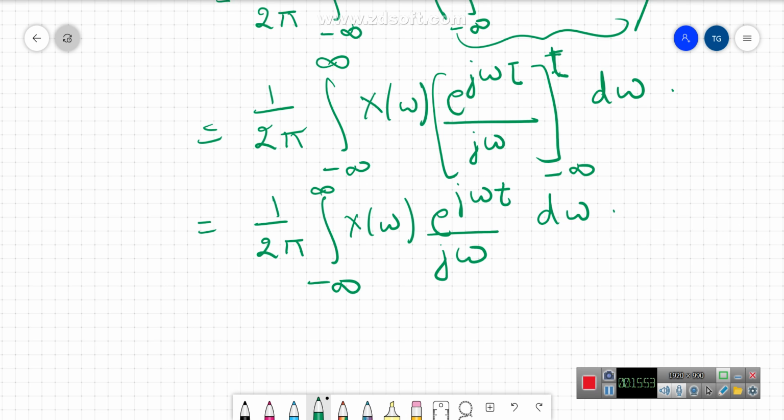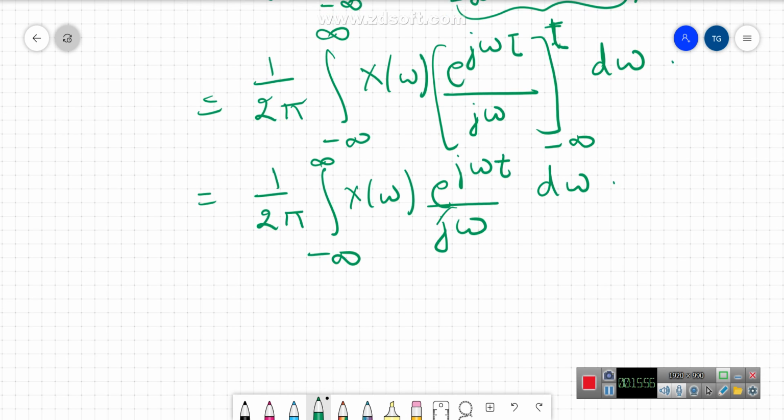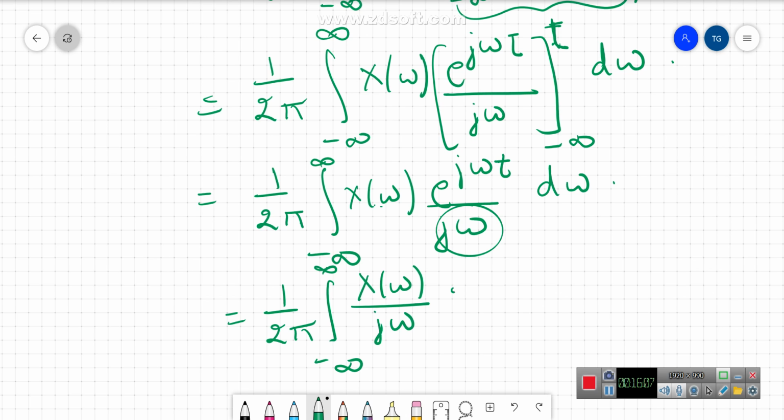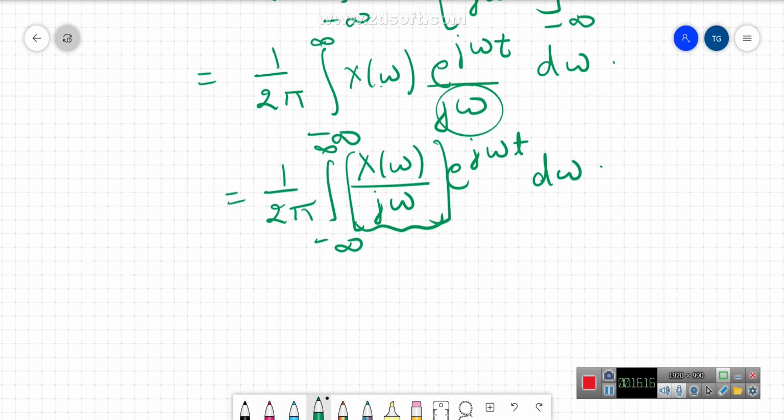Now all the j omega terms come outside, so this will be 1 by 2 pi, minus infinity to infinity X of omega by j omega, e to the power j omega t d omega. Whatever is here, we are taking the inverse Fourier transform of it, so this is nothing but the inverse Fourier transform of X of omega by j omega.